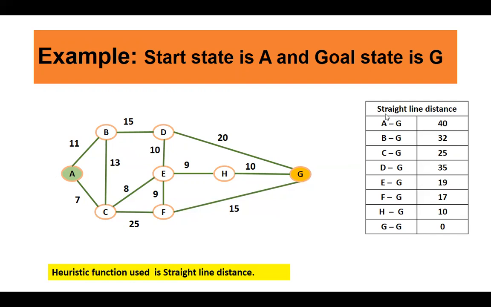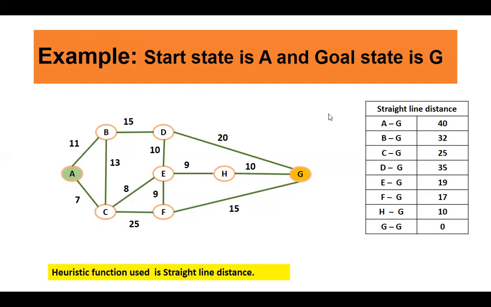The heuristic function used here is the straight line distance, or the Euclidean distance. What you can see on the edges, from A to B 11, A to C 7, these are the costs, not the heuristic values. Heuristic values are different from cost. The weights on the edges are the cost, or the distance. And this is the estimated cost of reaching from A to G.